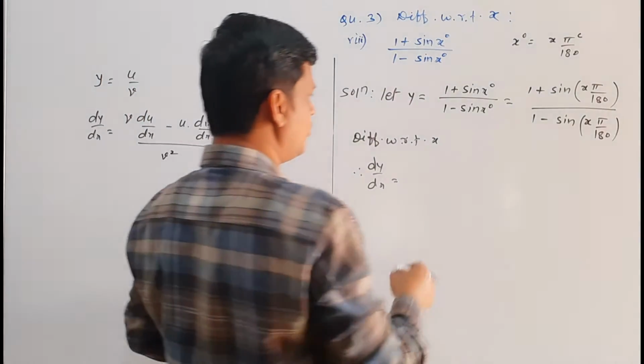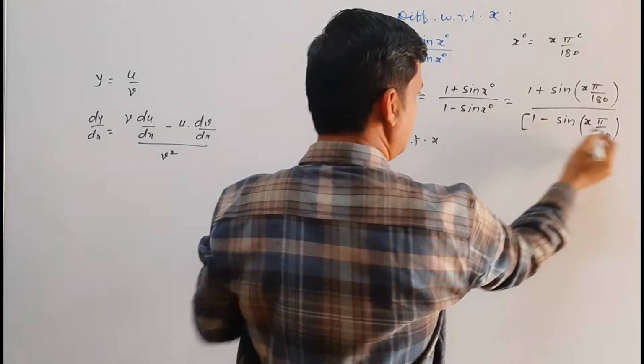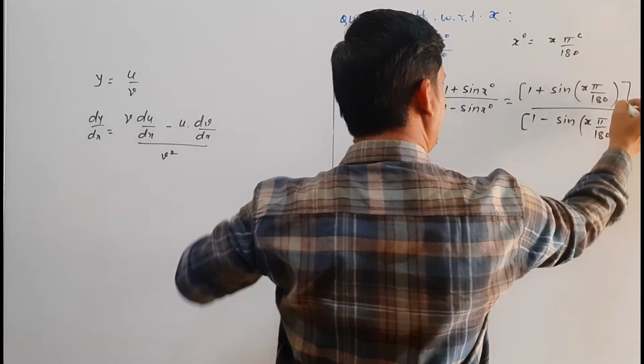So first we apply the quotient rule. So we write denominator in place of v.